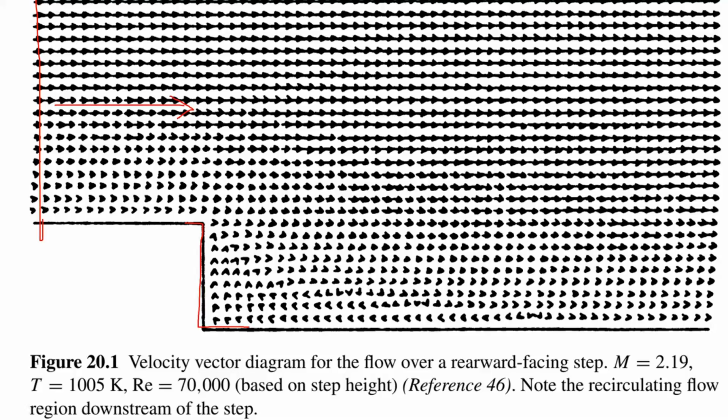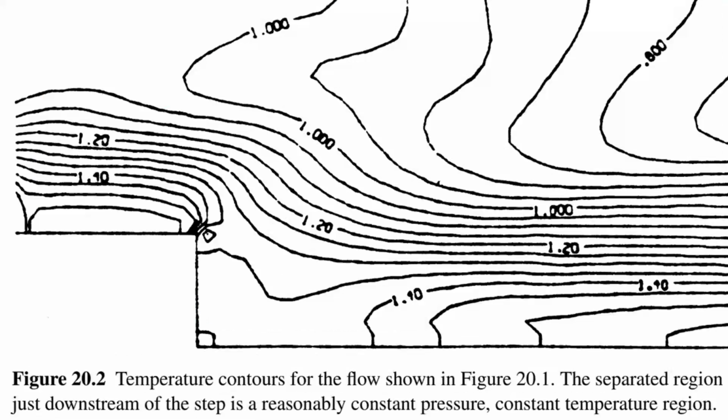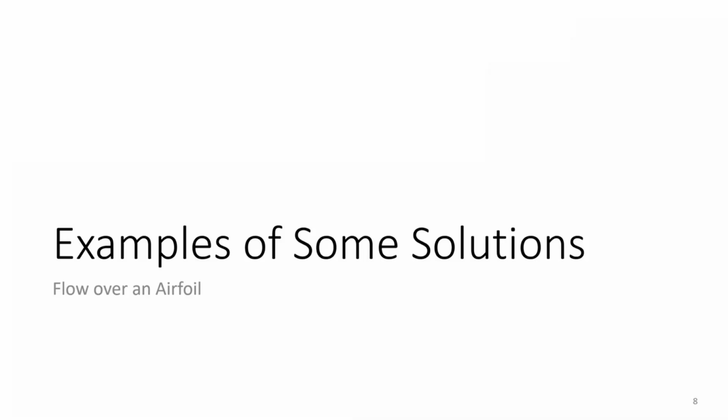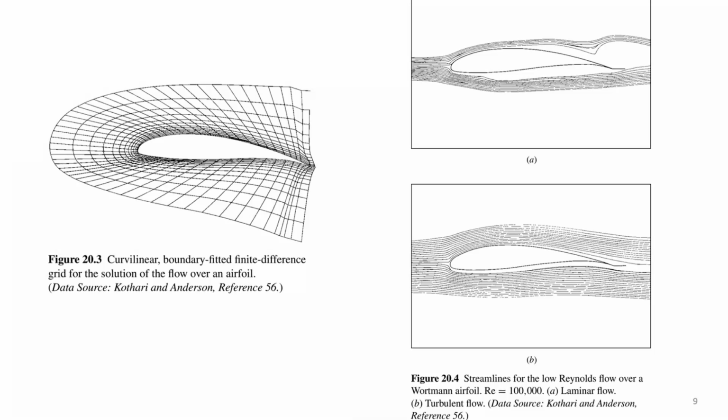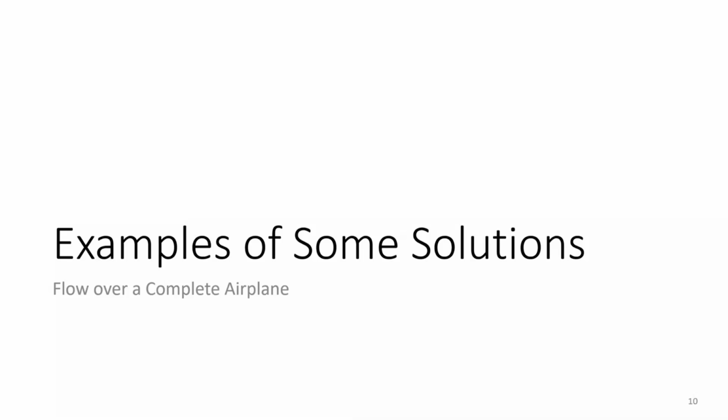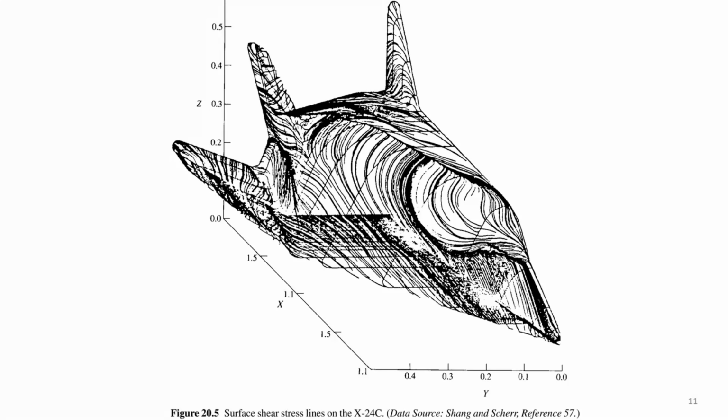That is a classical task, a solution to validate by our own code, and some examples of solutions, simulation around an airfoil for different types of flows, for laminar and for turbulent flow, and three-dimensional flow, which in some cases is extremely important, like this X24C shear stress distribution, or distribution of shear stress lines on the surface of the flight vehicle. Okay, quite a nice three-dimensional simulation.